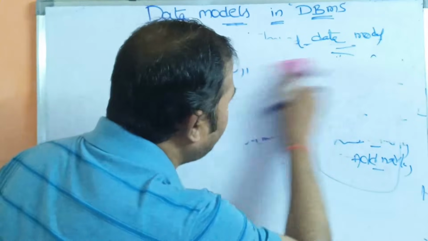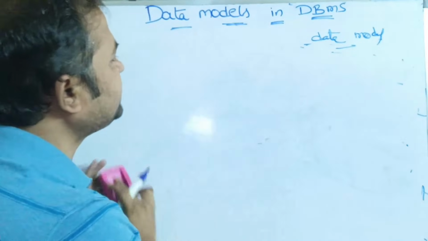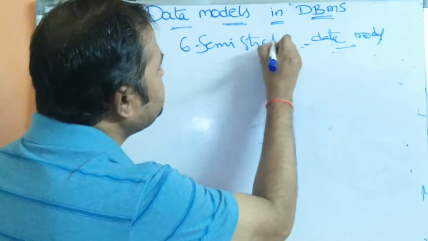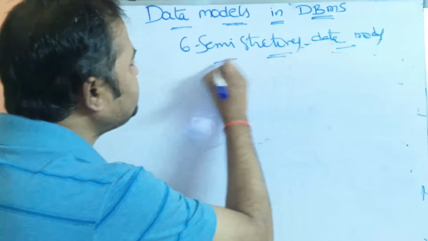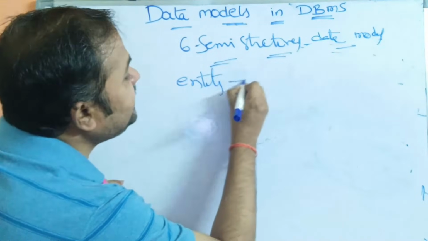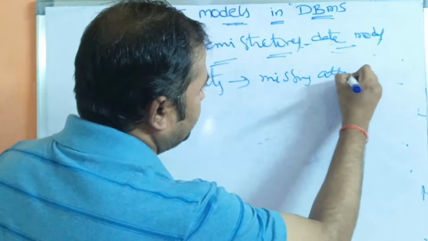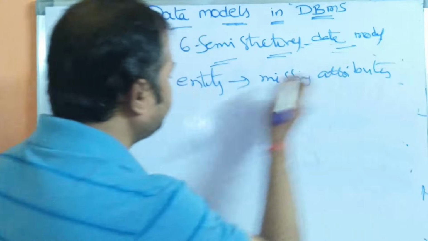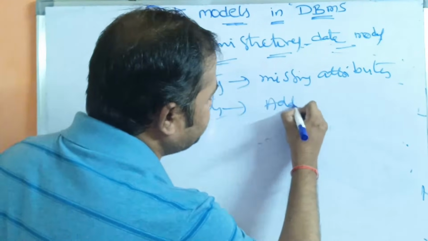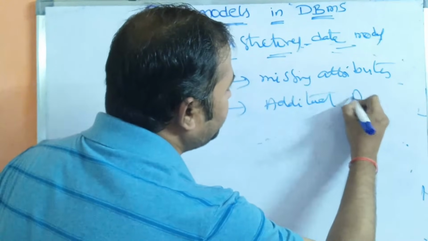And the last one is the semi-structured data model. Semi-structured data model means some entities may have some missing attributes, and some entities may have some additional attributes.